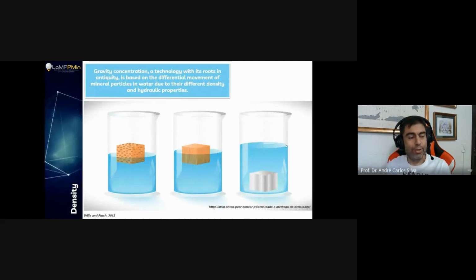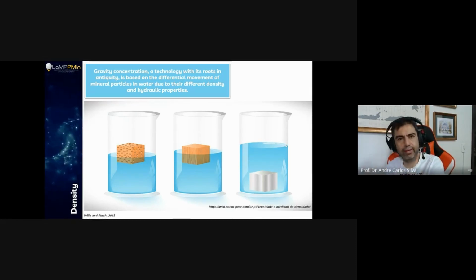Okay, so let's talk about density separation, and this picture quite captured the moment. If you have 3 different minerals and you put them in a way that you can have a separation regarding how they interact with your media, then maybe I can exploit this in my favor. In this case, for example, I have wood and another kind of sponge, and sponge and wood are going to float.